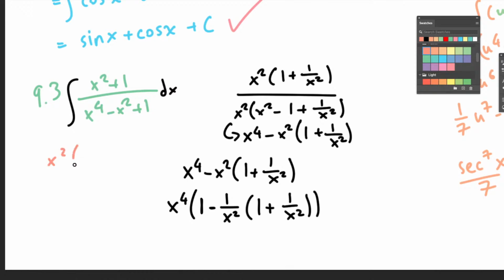x squared times 1 plus 1 over x squared over... wait, I could just take out an x squared.